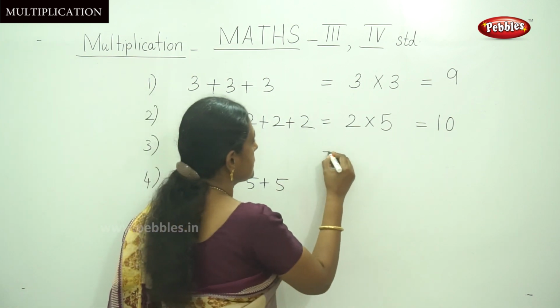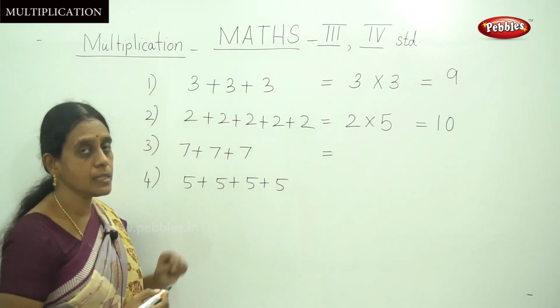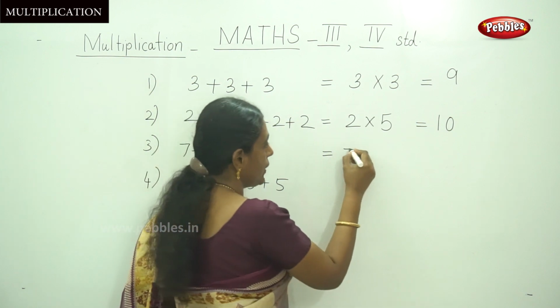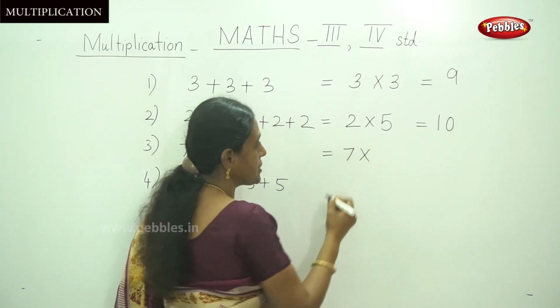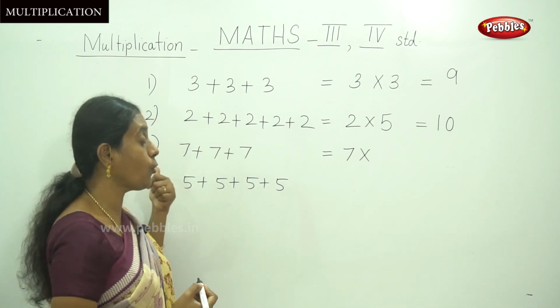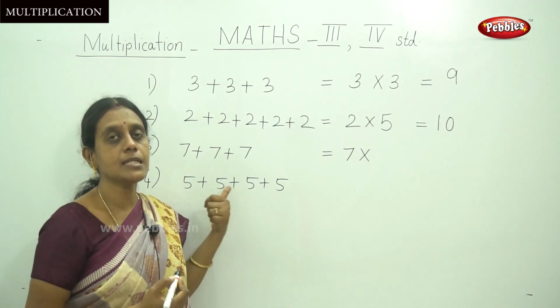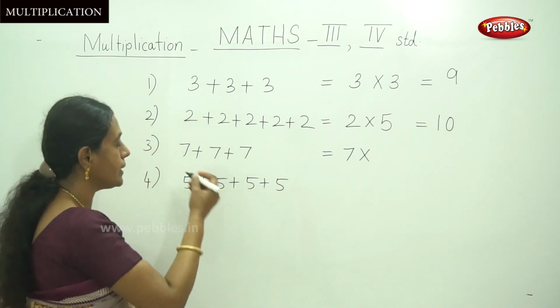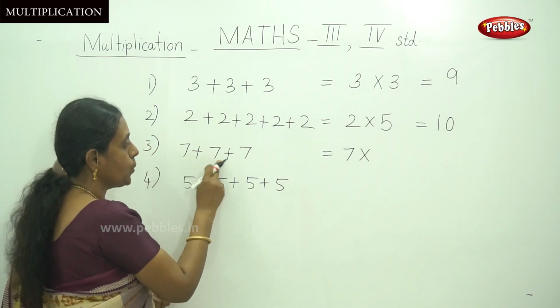Let me do the next sum. What is the number? It is 7. Put a multiplication sign and count how many times 7 is written here: 1, 2, 3.